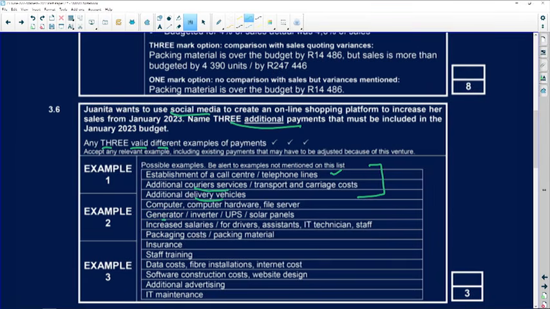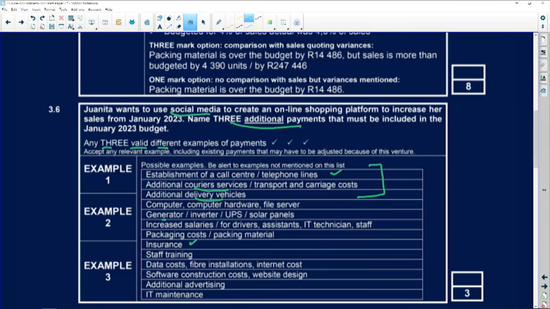Generator, inverter because of load shedding, solar panels. Increased salaries for the drivers, the assistants, the IT tech staff and so on. Packaging costs, you may have to incur more packaging costs because you are now providing this online service.